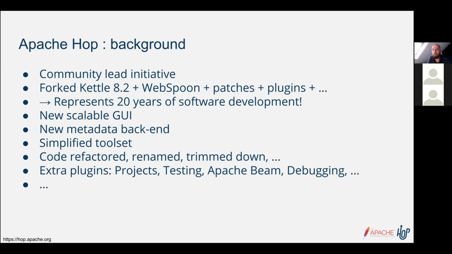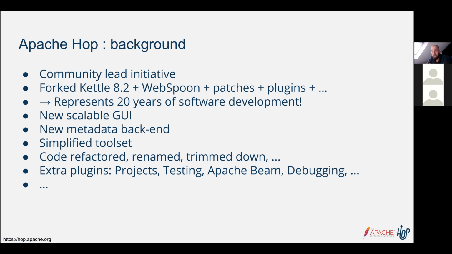We started as a fork, but the idea was to keep the good things of Kettle, of PDI, and do a couple of things radically different. So we used the 8.2 code base of Kettle with WebSpoon, with a couple of patches and a number of plugins, and started building a platform of our own.